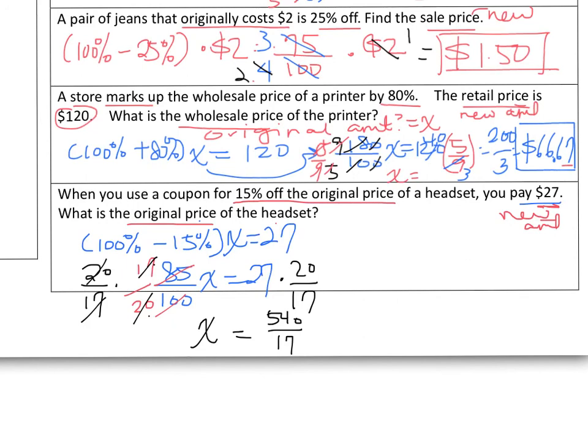And after doing division, you will need to round your answer to the nearest cent. So it should be $31.76.